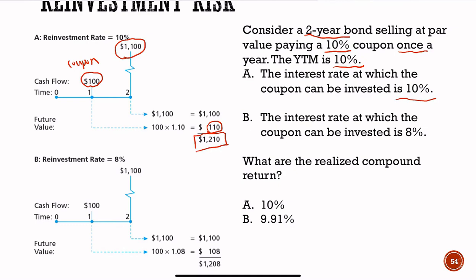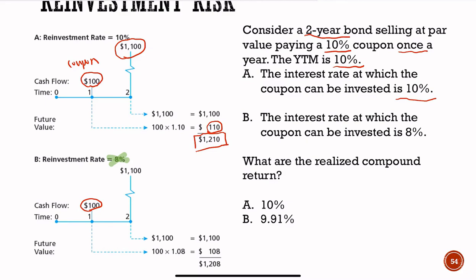Now let's look at the second case. Here we have a different reinvestment rate, 8%, right? So in this case, still you will have $100 of coupon payment. However, you will invest this coupon payment at a lower rate.